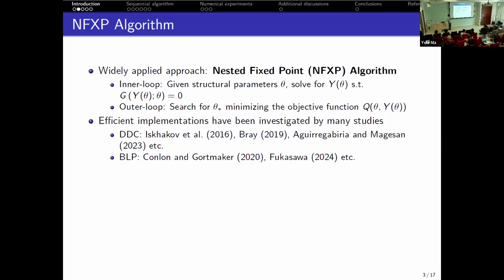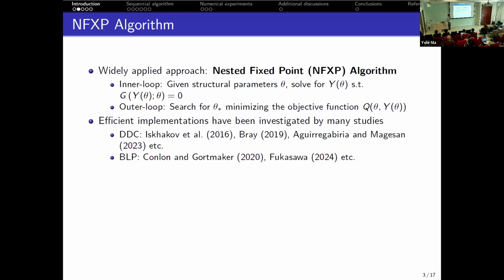So far, probably the most widely applied approach is the nested fixed point algorithm, NFXP. In the NFXP algorithm, first in the inner loop, given structural parameters theta, we solve for y(theta) such that g(y, theta) equals 0.